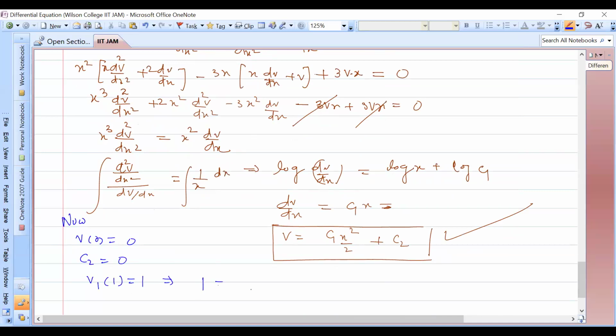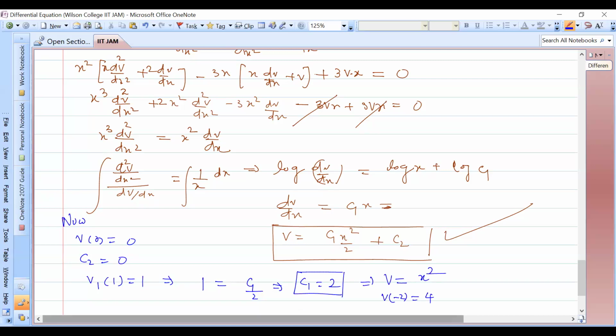So 1 equals c1 by 2, so c1 equals 2. So v equals x square. What are they asking? Agreed?